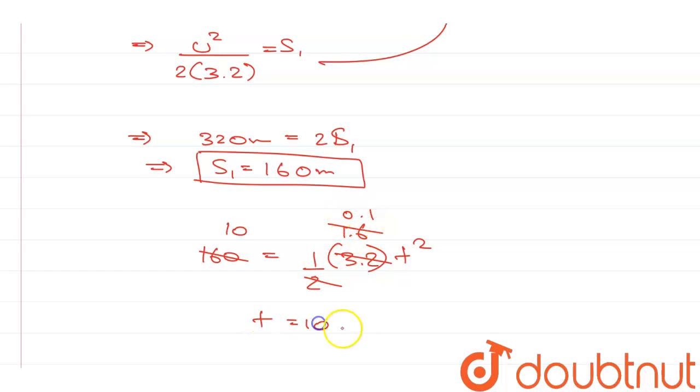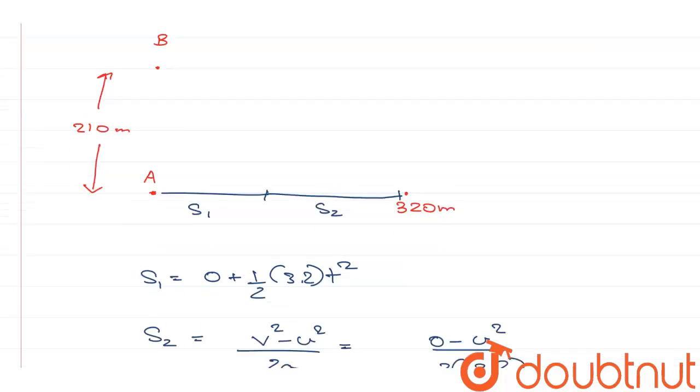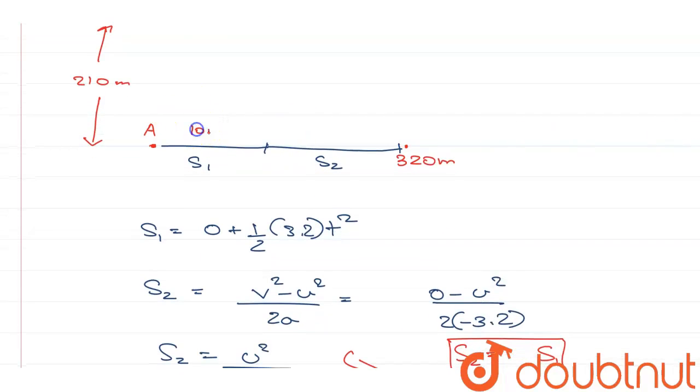T is equal to 10 seconds. So if t is equal to 10 seconds, that means the particle is taking 10 seconds to complete the distance of S1. So it will also take 10 seconds to complete the distance of S2.